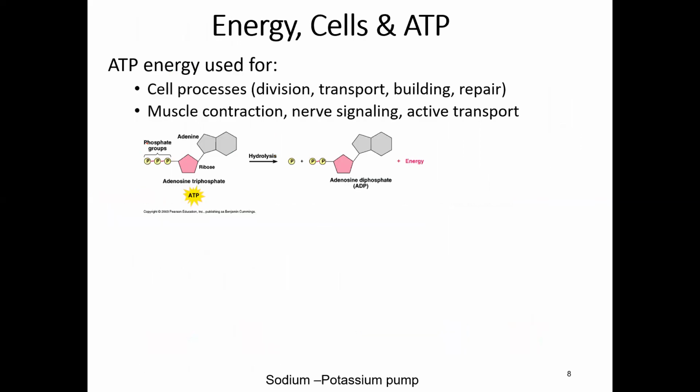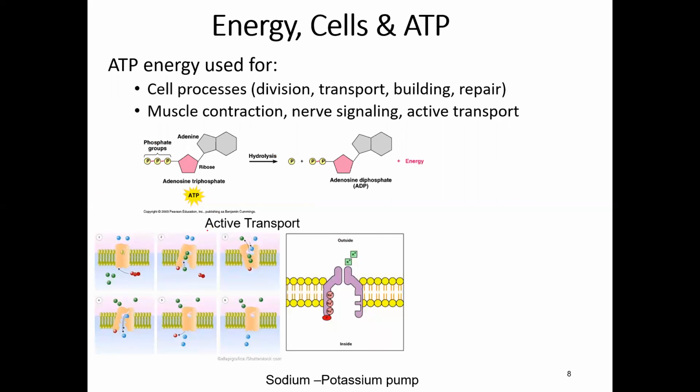That's why you heat up when you eat food. ATP is used in cell processes. Some examples, if you remember from Science 10: ATP is used to pump molecules from an area of high concentration to low, or low concentration to high concentration. You're going to learn a special case, nerve transmission, which involves the sodium-potassium pump in nerves.